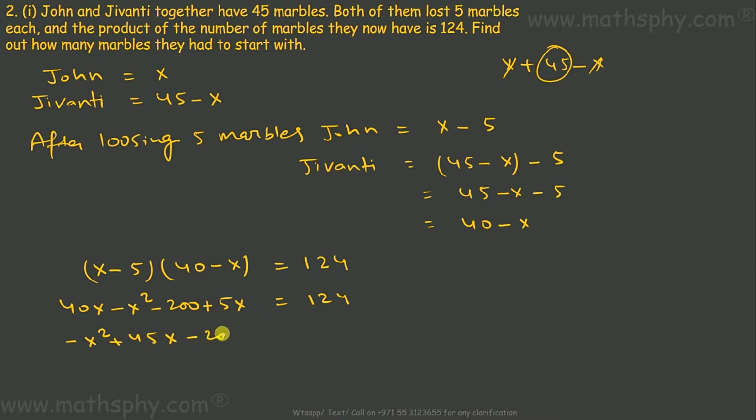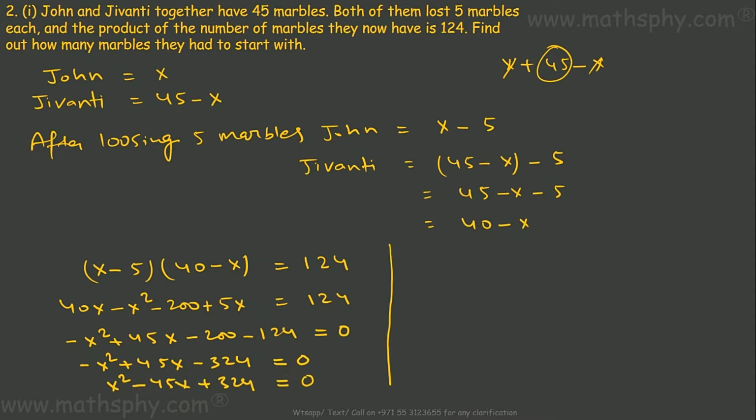And minus 200. This 124 comes to this side, minus 124 equals 0. So I have minus x squared plus 45x minus 324 equals 0. This can be x squared minus 36x minus 9x plus 324 equals 0.